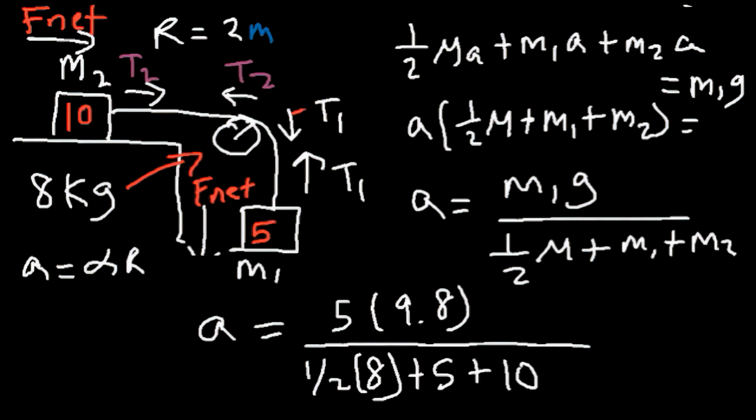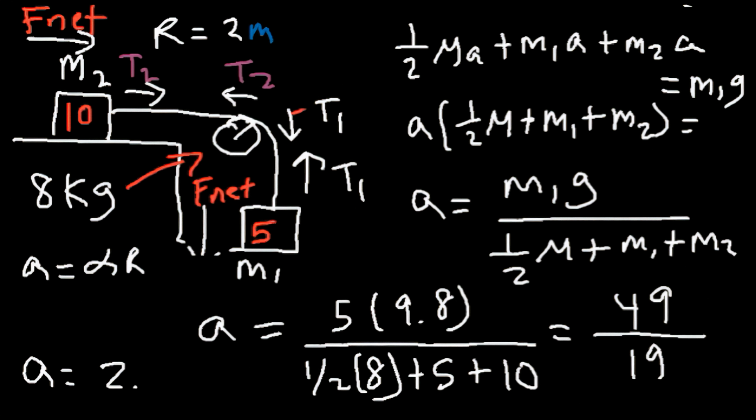So 5 times 9.8, we know it to be 49. Half of 8 is 4, plus 5, that's 9, plus 10 is 19. And 49 over 19 is equal to 2.579, which is the acceleration that we calculated earlier.